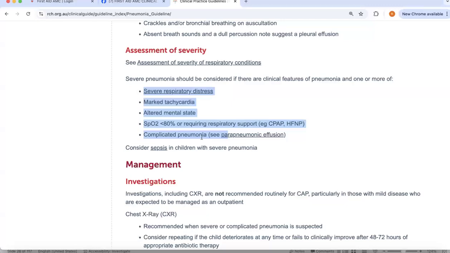Complicated pneumonia is pneumonia which has been complicated with a parapneumonic effusion, so pleural effusion, or having an empyema, which means pus collection in the pleural cavity. So if any of these 5 is there, that will be termed as severe pneumonia.